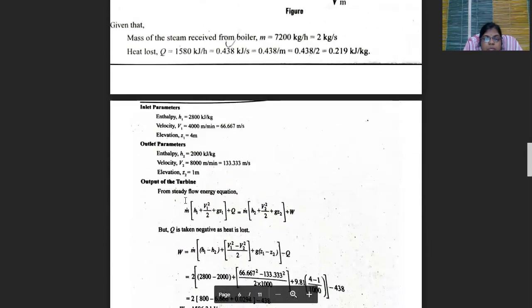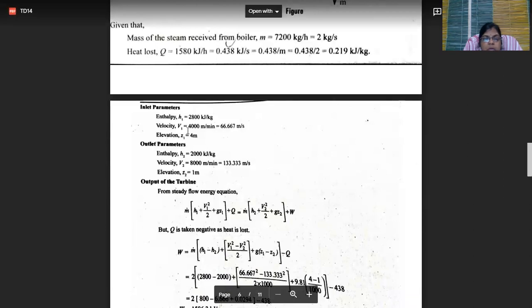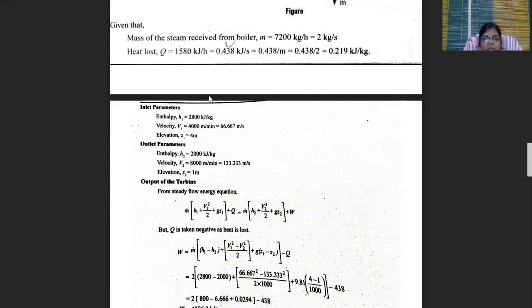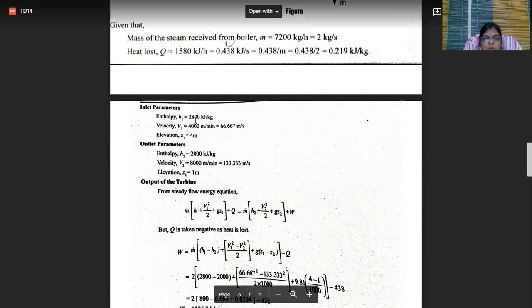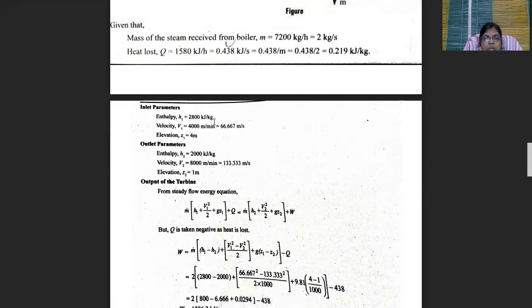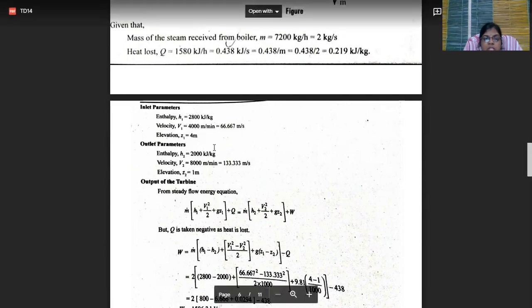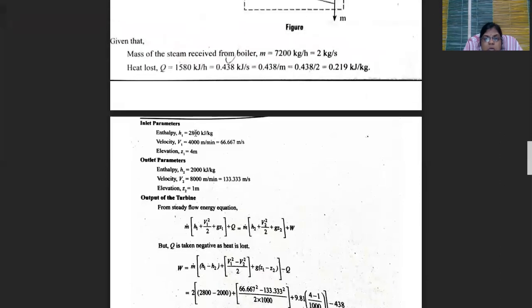Okay, and next, turbine input parameters: enthalpy h1 is 2800 kilojoule per kg, velocity 4000 meter per minute. Meter per minute, 1 minute is 60 seconds, so 4000 by 60 gives 66.667 meter per second. Elevation Z1 is 4 meters.